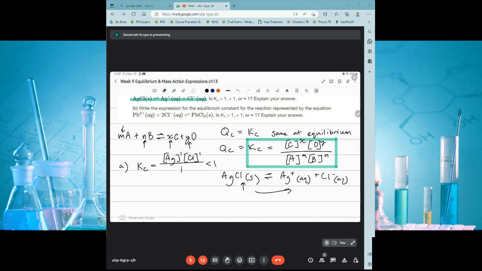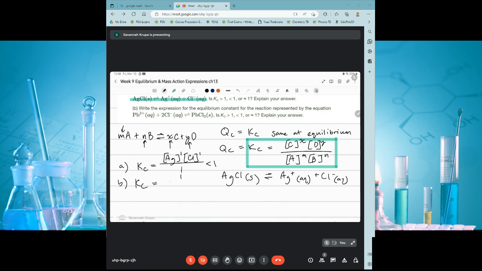And so similarly, with question B here, with Pb2 plus, and then with 2Cl minus, goes to a solid PbCl2, it's starting with a lot of the ions, so it's going to be making a lot of the solids in return. So this reaction, just rewriting it, Kc will be equal to the products, but because the PbCl2 is a solid, we don't include that.